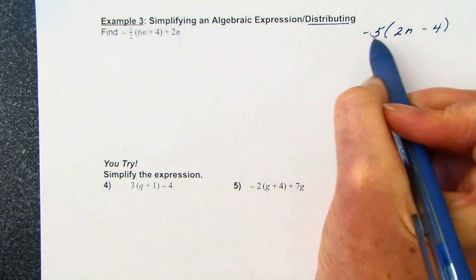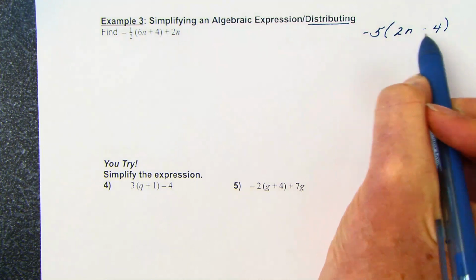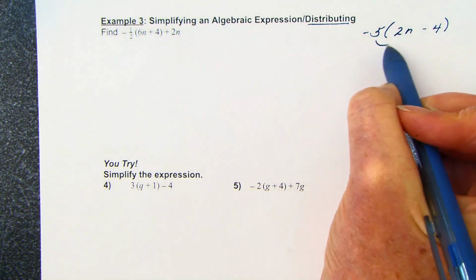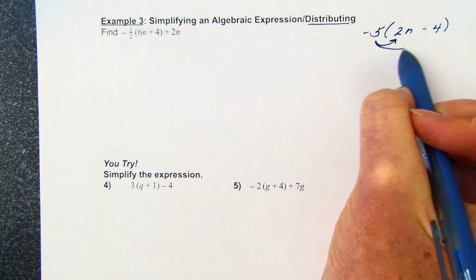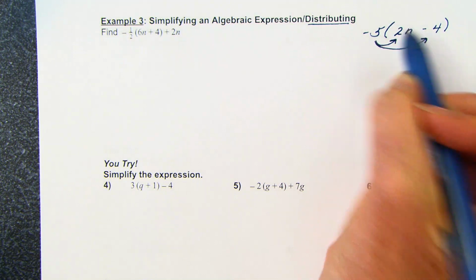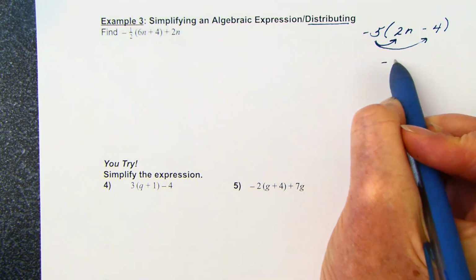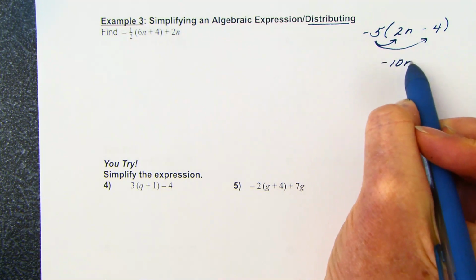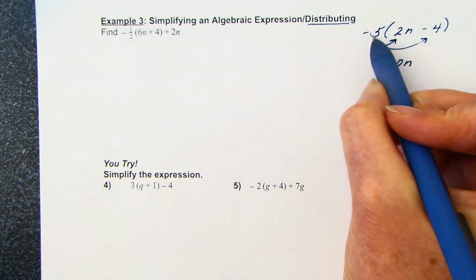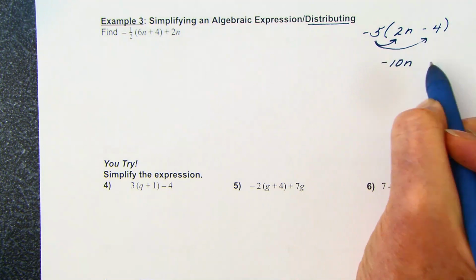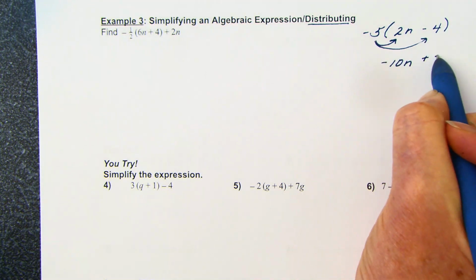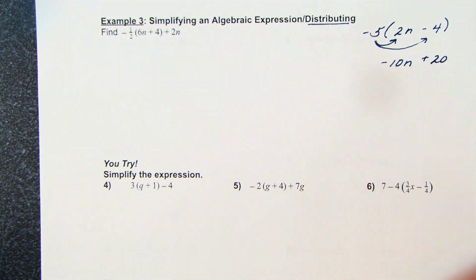When you distribute, that means that you have to distribute the 5 to everything in the parentheses. So we're going to do this, and we're going to do this. Negative 5 times negative 2n is negative 10n. And then negative 5 times negative 4 is positive 20.